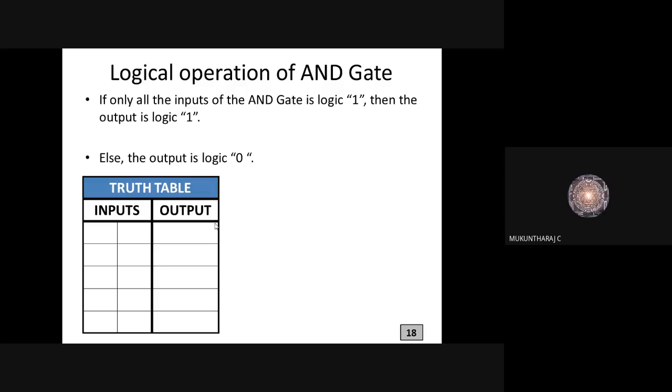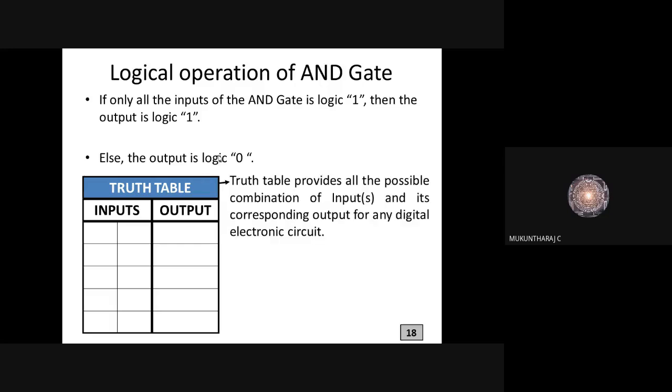Here we will use a new concept called truth table. A truth table is actually a table. This table consists of the possible inputs and corresponding outputs. So this table describes the operation of any gate.